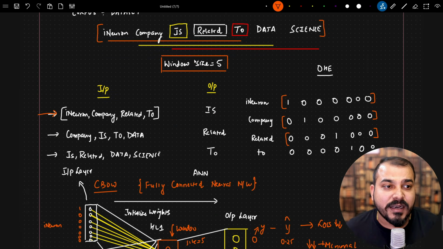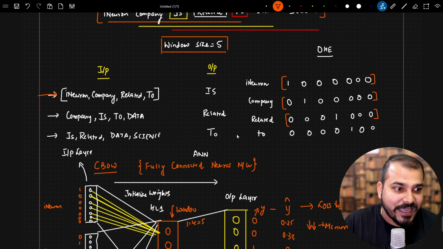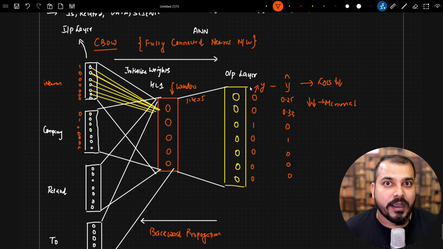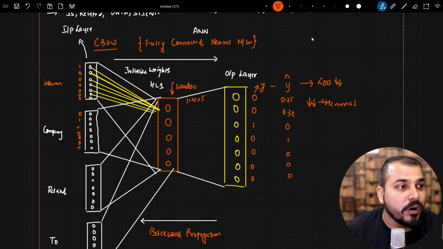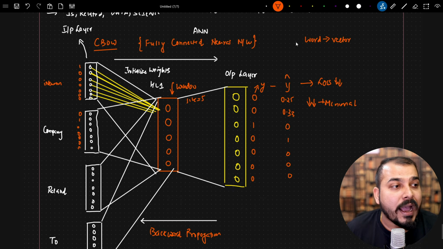If my window size is 5, I'm going to get an output of size 5 for every word. When a word is getting converted into a vector, I am going to get a vector of size 5, and this will be my final output.